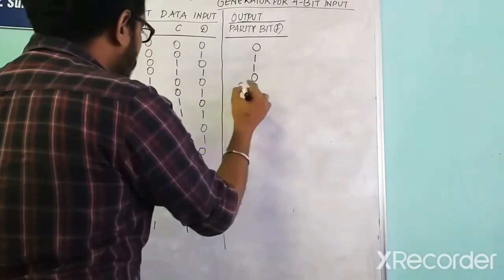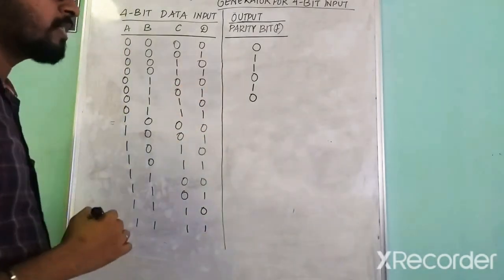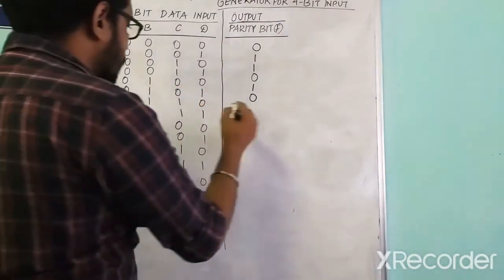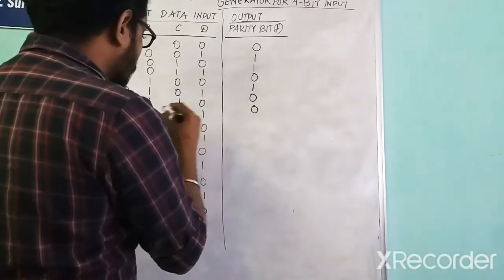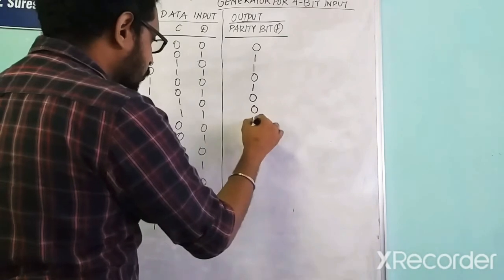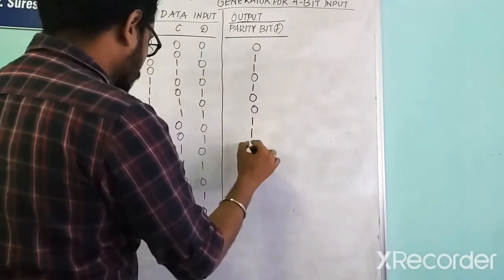Here we put a 1, 0. Here 0110 already has an even number of ones, so 0. 0111, that is odd, right? So we put a 1.